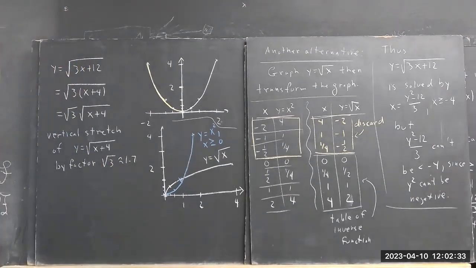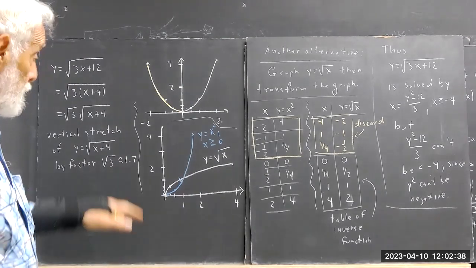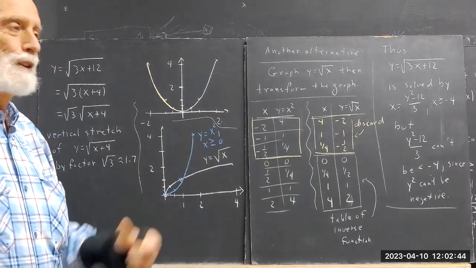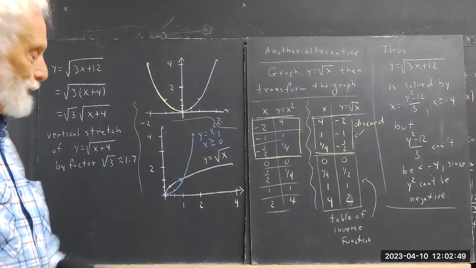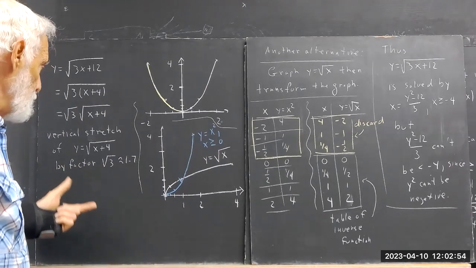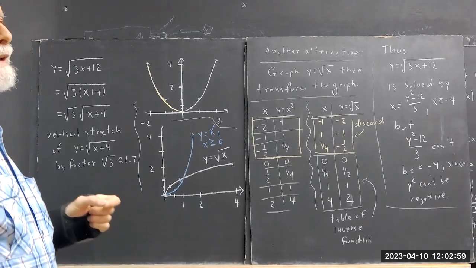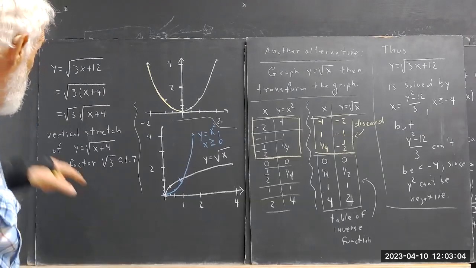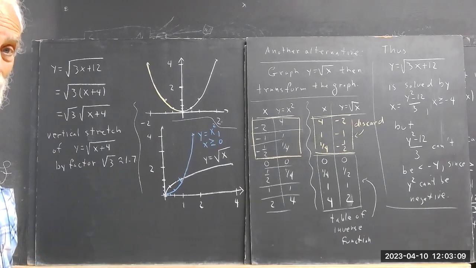Now, the square root of 3 is about 1.732. I'm just going to use 1.7 because you're not going to be able to visually distinguish 1.732 from 1.7. We're not going to be able to graph this accurately enough to make that difference. So for our purposes right now, 1.7 is a sufficiently accurate approximation of the square root of 3, although if you want to calculate this, it's better to use a calculator or a computer.